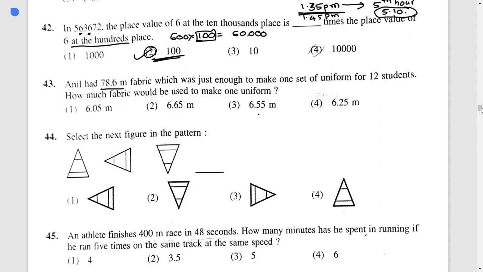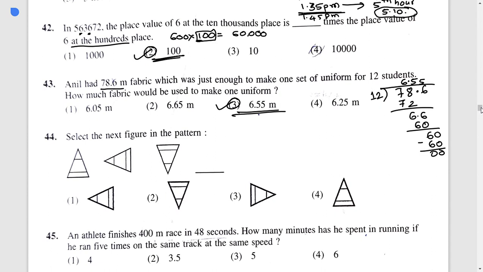For one uniform, you have to divide it: 78.6 divided by 12. So the correct answer here is 6.55. So option C is the right one. Option third one is the correct answer here.